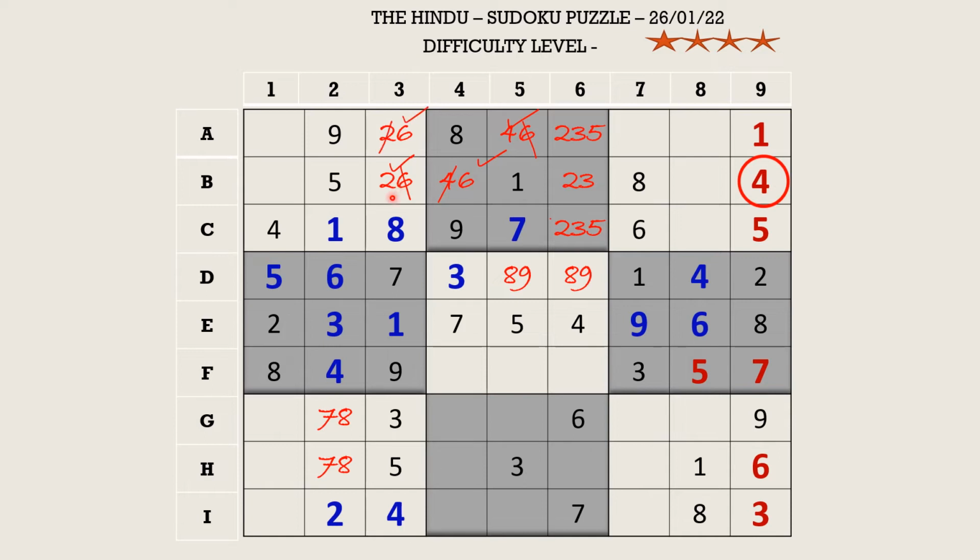Now this 2 in B3 cancels out the 2 here in B6. So B6 takes 3 and A6 and C6 become 2, 5. Now there is a 5 here in C9 which cancels out the 5 here. So C6 becomes 2 and A6 becomes 5.